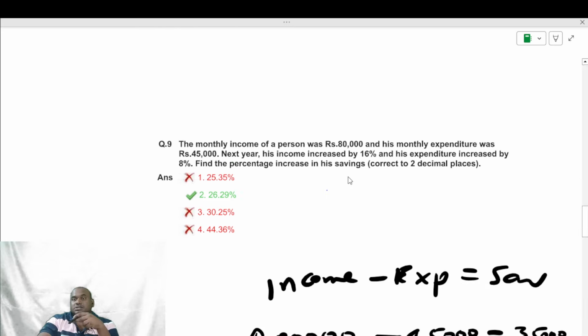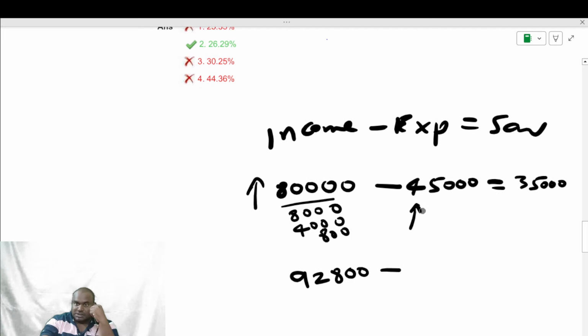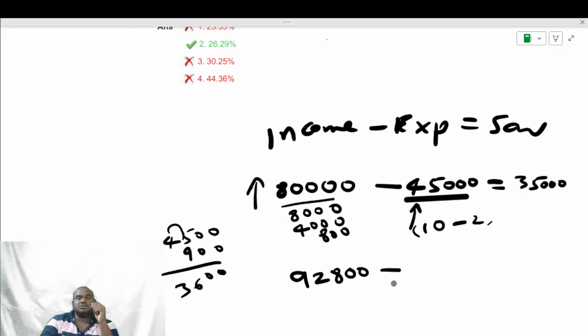And his expenditure increased by 8%. Expenditure increased by 8%. So this one should be increased by 8%. 8% means 10% minus 2%. 8% is nothing but 10 minus 2, right? So 10% is 4,500, 2% is 900. So it is nothing but 4,500 minus 900, so 3,600.